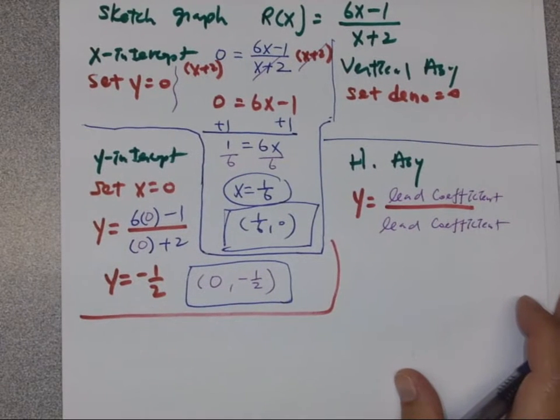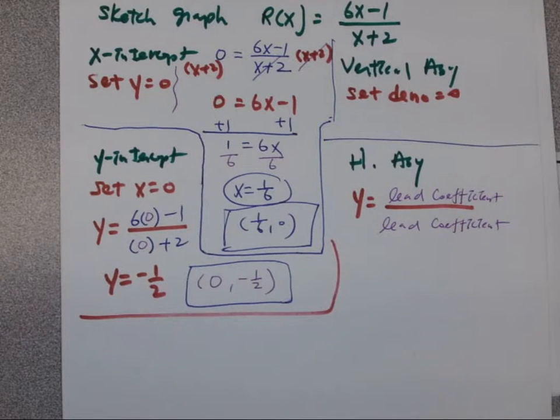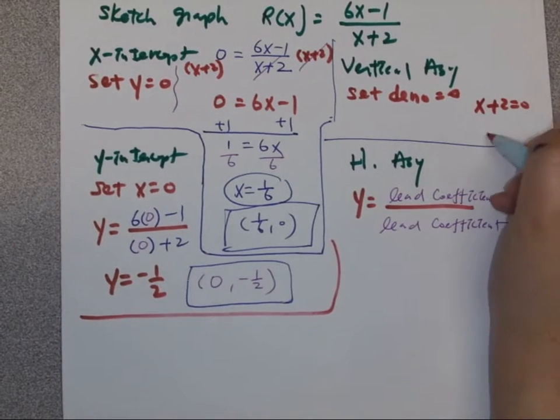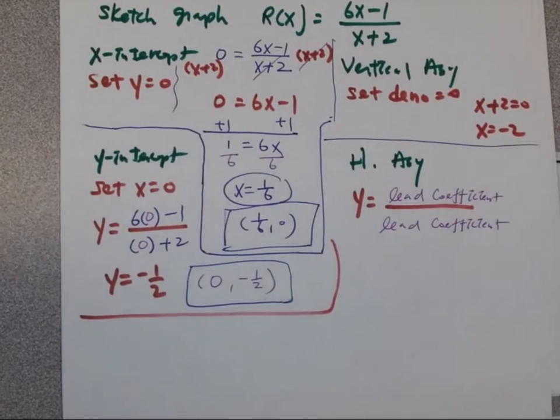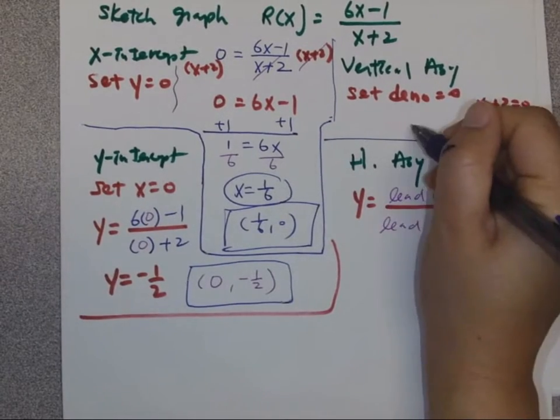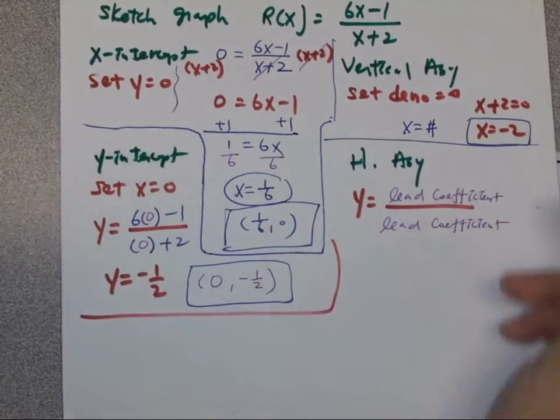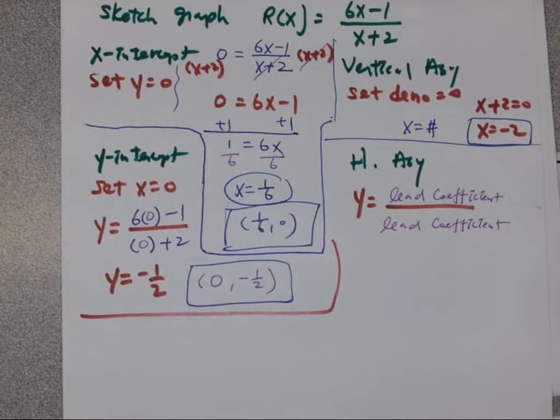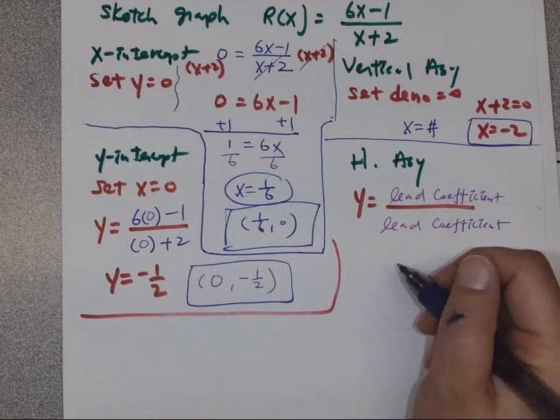Okay, so setting the denominator equal to 0, what is your vertical asymptote? Thank you. X equal to -2. Don't forget to write this vertical asymptote as x equal to a number to represent a vertical line. And then for the horizontal asymptote, which one has the highest power? To the first power, right?